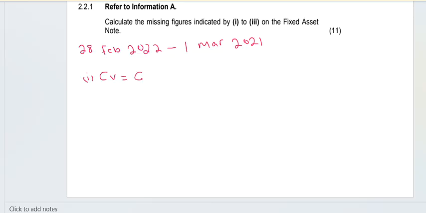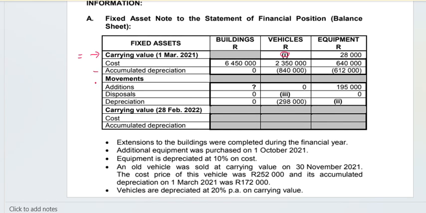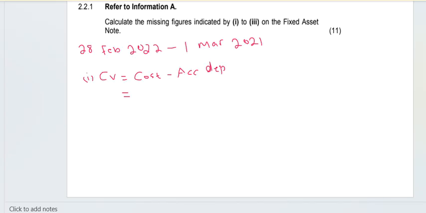So for calculating carrying value, the carrying value is the initial cost of an asset minus accumulated depreciation. So our cost given is 2,350,000.